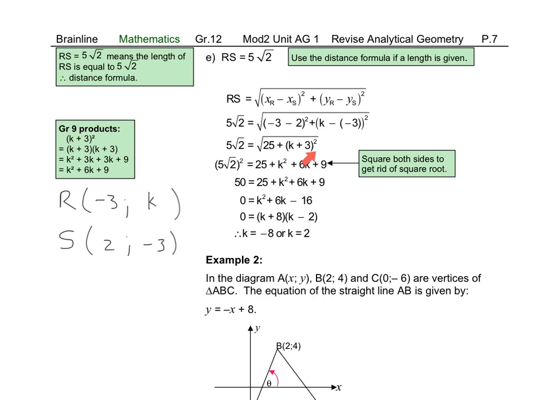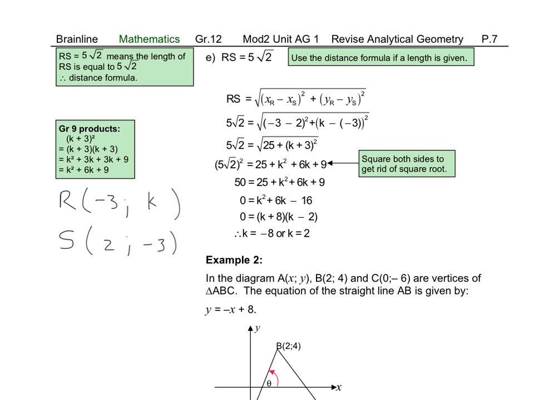Remember, to get rid of a square root, we can square both sides. So if we square the right-hand side, the square and the root cancel out, and then I must also square my left-hand side. 5 squared is 25, and square root 2 squared means the square and the root cancel out, so I'm left with 2. So 25 times 2 is 50 on the left-hand side.